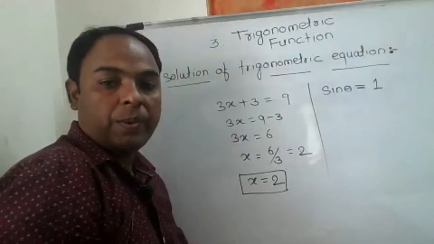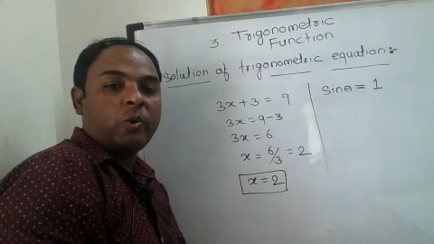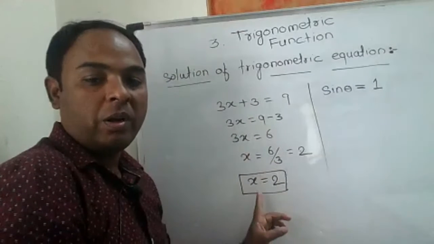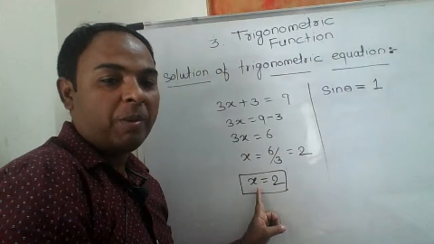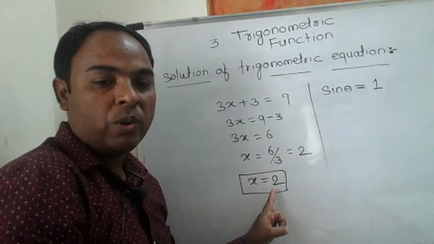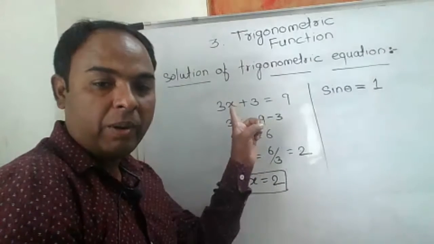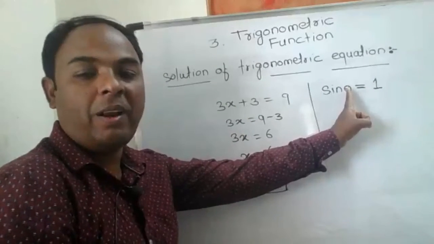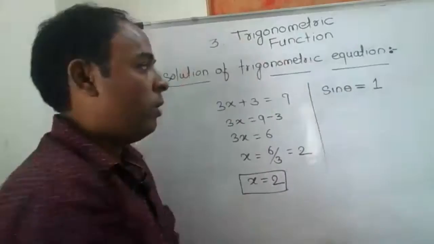Suppose this is one equation. So what is the solution of a trigonometric equation? It is similar to what we have seen for the solution of the simultaneous equation, x equal to 2. So what is the variable here? X. What is the variable here? Theta.